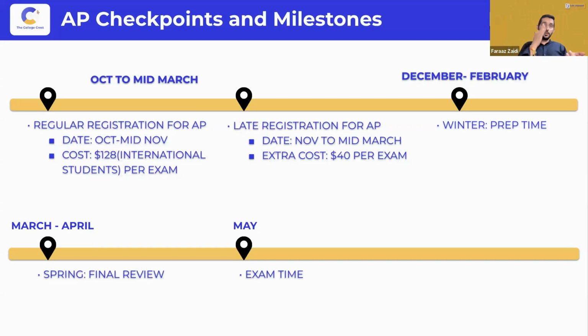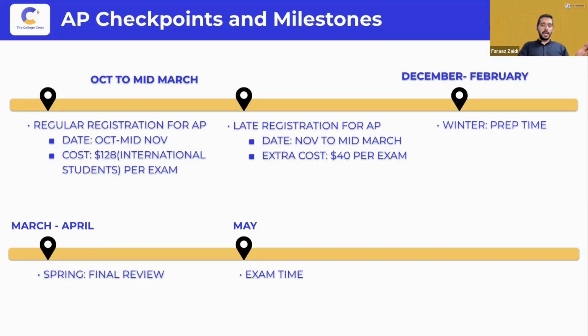Normally, we look at the whole winter time period, really accelerating from November, December, moving up to March and April, where you're doing your final review. That's your preparation time, where in May, every year, second week, your exams are scheduled. One of the primary things that I always tell students: make sure that you're registering as early as possible, because you have to go to an AP center.